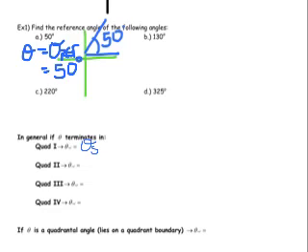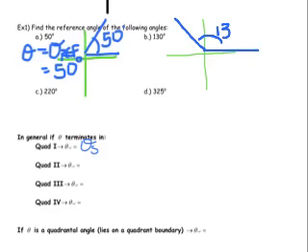Alright, let's do 130 degrees. So this is similar to that example I showed you up above. So 130 degrees, we know if this is 0, 90, 180, 130 is somewhere over here. So let's first draw the standard angle. This is the standard angle of 130.